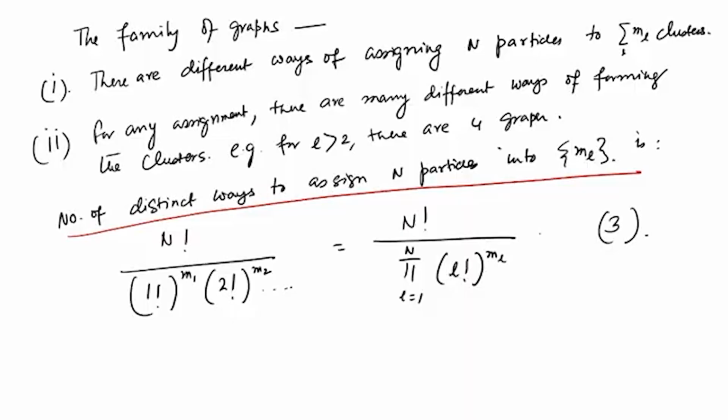So, this entire thing gives the different ways to assign these n particles into this set of integers ML, ML clusters, where ML satisfies the equation that the sum over all L of L ML is equal to n. So, the number of distinct ways is equal to this, and the value of each term.